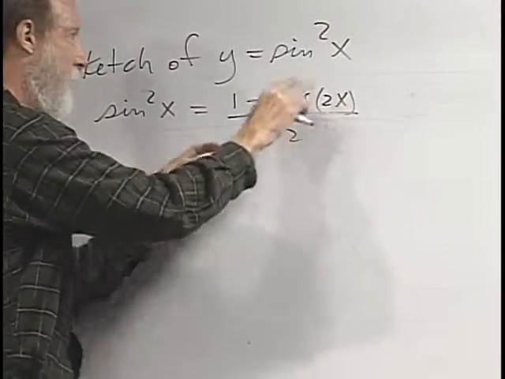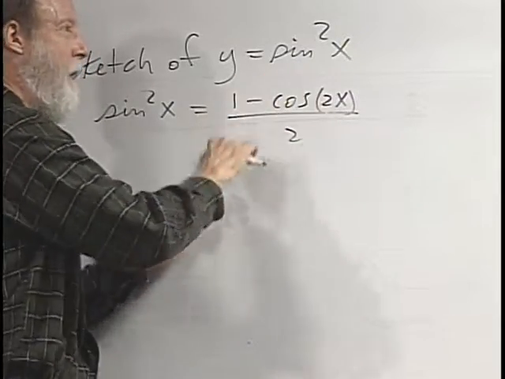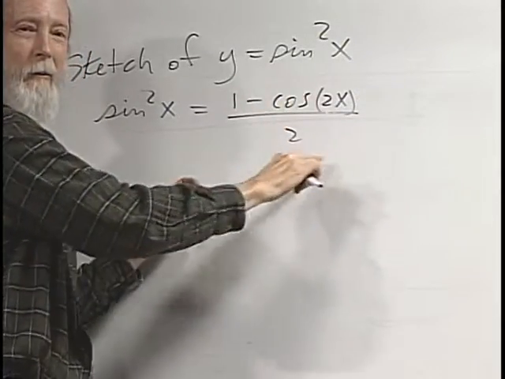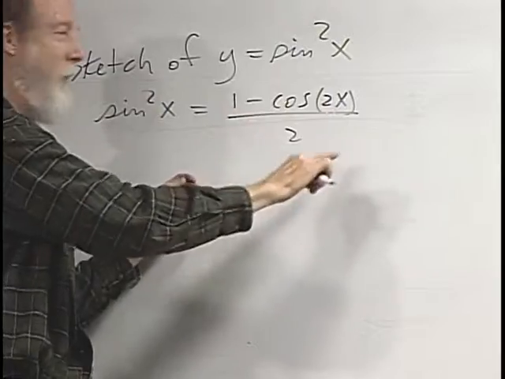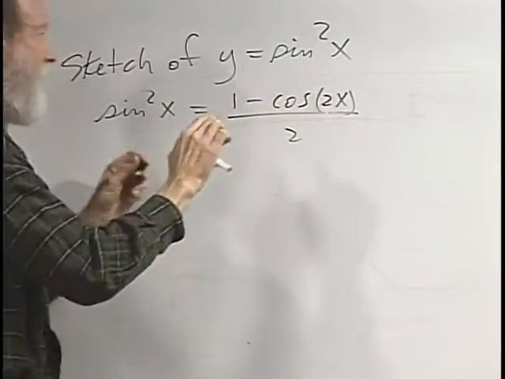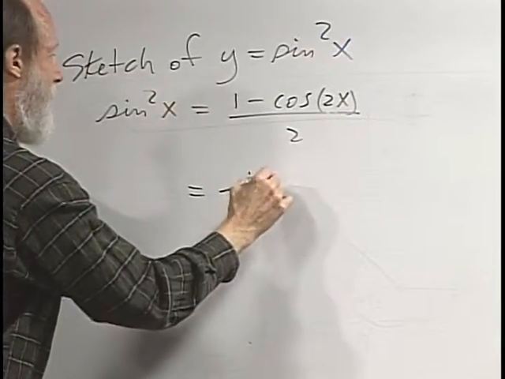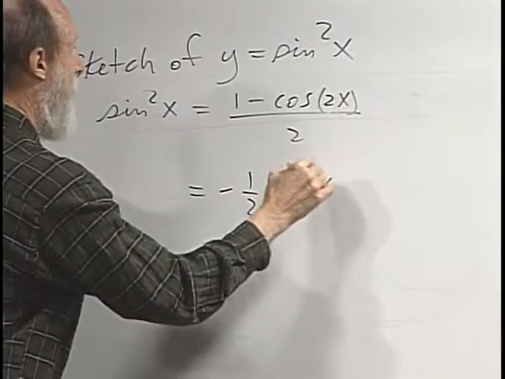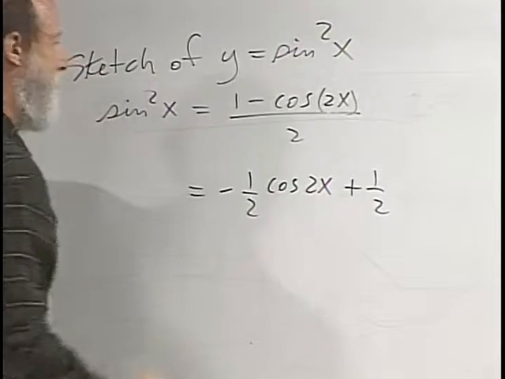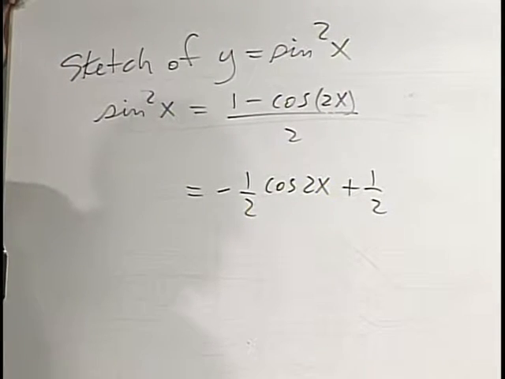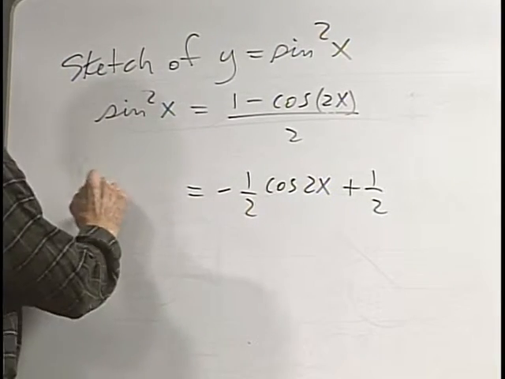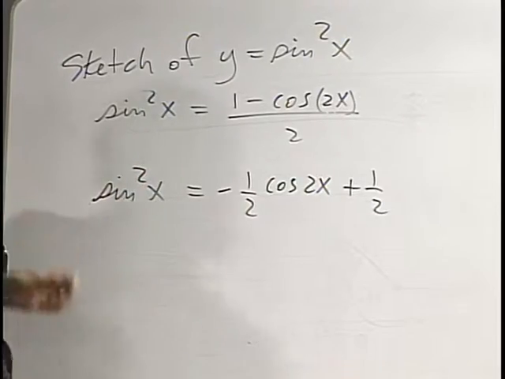And what I said a moment ago is it's actually sitting right here in front of you, based on chapter 6 material that we studied earlier. Let me set it up for you. Minus 1/2 cosine twice x plus 1/2. That's the same as sine squared x.